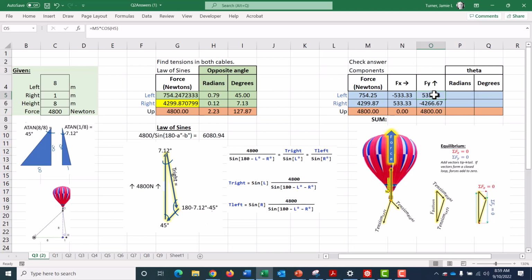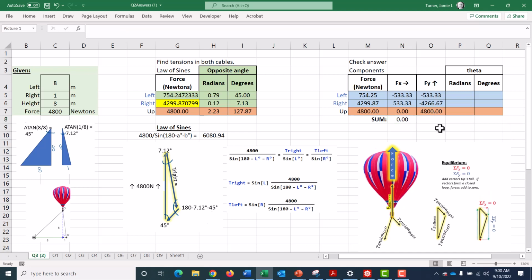So let me make sure this is pulling down. So the cable is down, down, down, and it looks like everything in the x direction is equal. So we're good so far. I can pull that equation over, and we have 0 in the y direction as well.